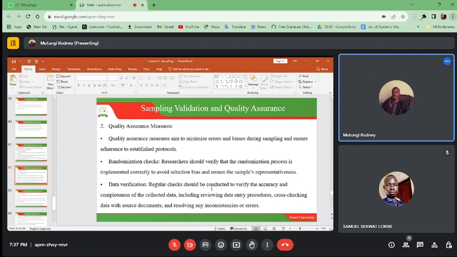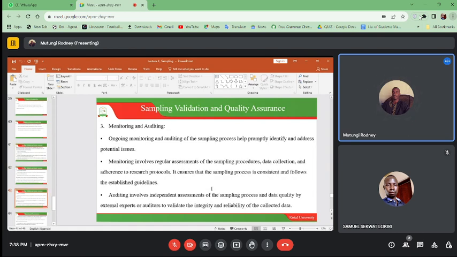Review those data entry procedures, cross-check the data with source documents, because you might be having a recorder, you have recorded, and then after playing, you are transcribing or you're writing down what they were saying, but you have left out some. So you replay and you see so that you can capture each and everything so as to have better quality, better power of your study.